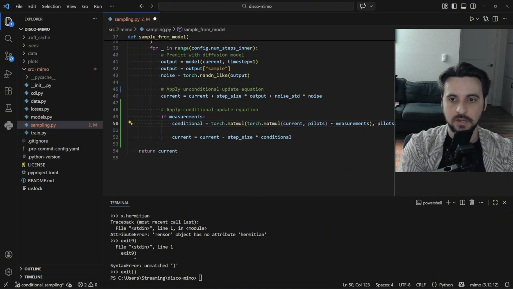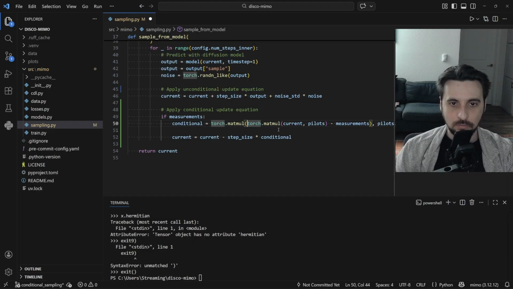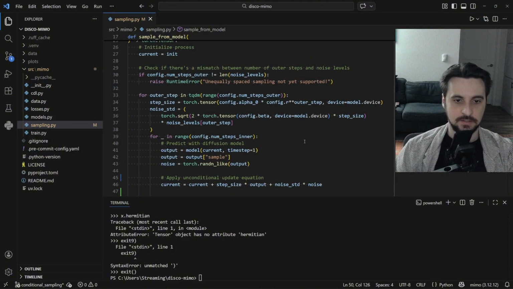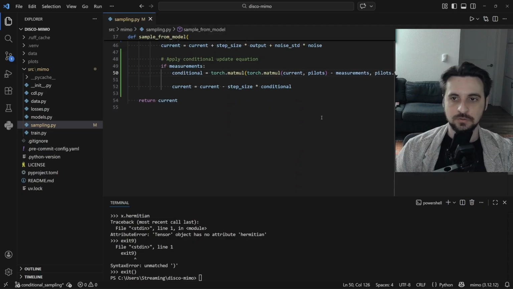Okay, so we multiply this. Where's the matmul? Here. matmul, oh, this, comma, okay. And I have to divide by measurement noise.